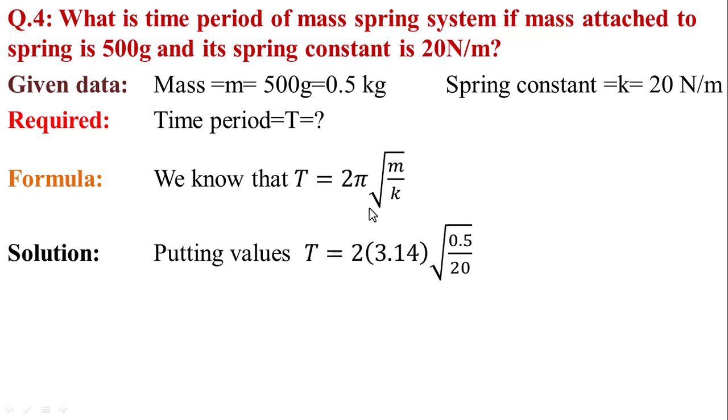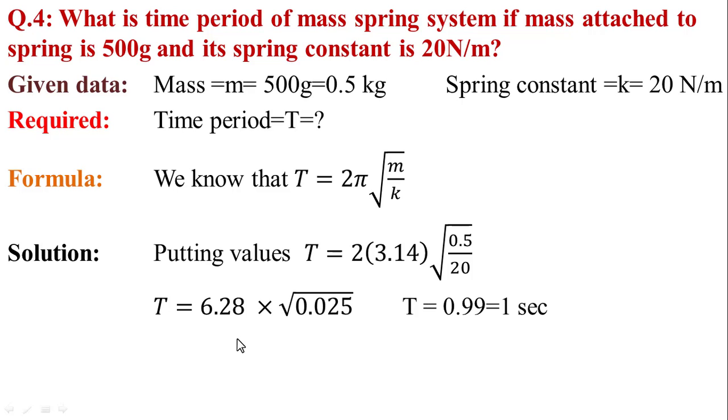Now, for the solution, putting the values. T is equal to 2 into 3.14 into square root of 0.5 divided by 20. So, T is equal to 2 multiplied by 3.14, 6.28, multiplied by the square root of 0.025.